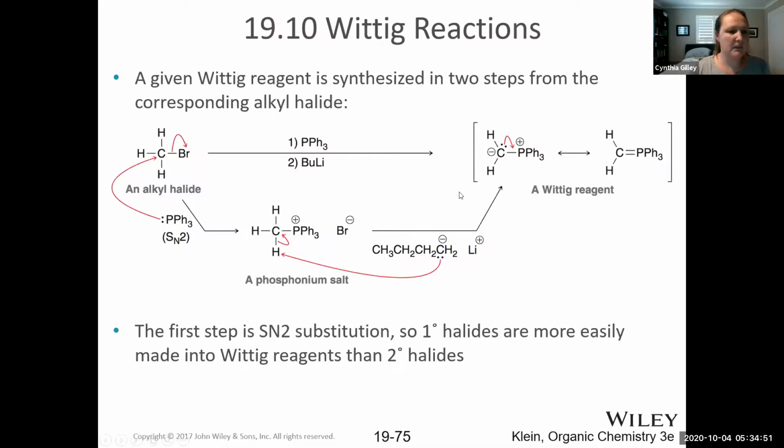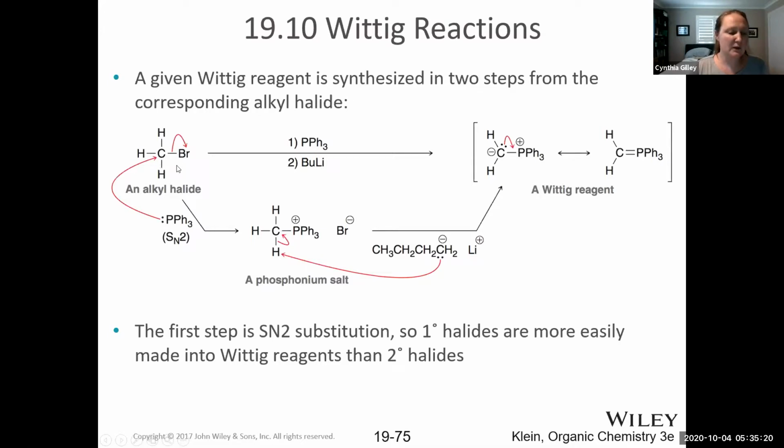Okay, how do we make that Wittig reagent, right? We went to the trouble when we talked about the Grignard reagent to talk about how it's made, right? You start from an alkyl halide and you treat it with magnesium metal. So we want to talk about how we produce that Wittig reagent, that ylide. It's a 2-step process, and it also starts with an alkyl halide.